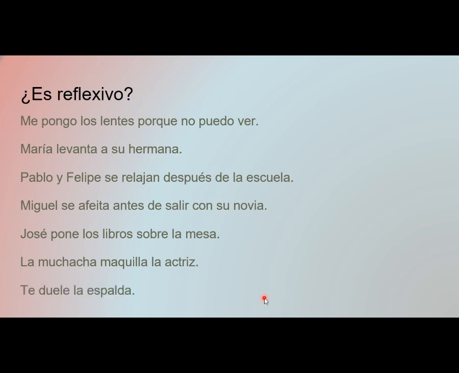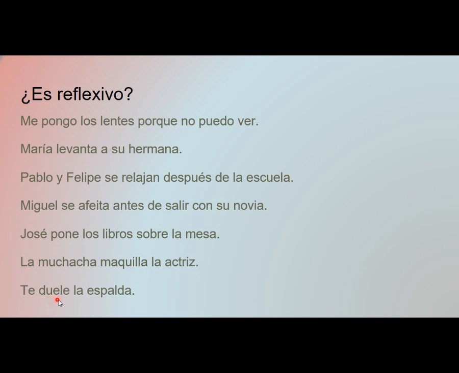And then we have the last one here. Te duele la espalda. ¿Es reflexivo? All right, so this is a tricky one. Hopefully you guys were able to point out that it is not reflexive. I want you guys to take a look at this verb, duele. It comes from the verb doler, and it's part of your list of verbs that are like the verb gustar. So this particular sentence is not reflexive.